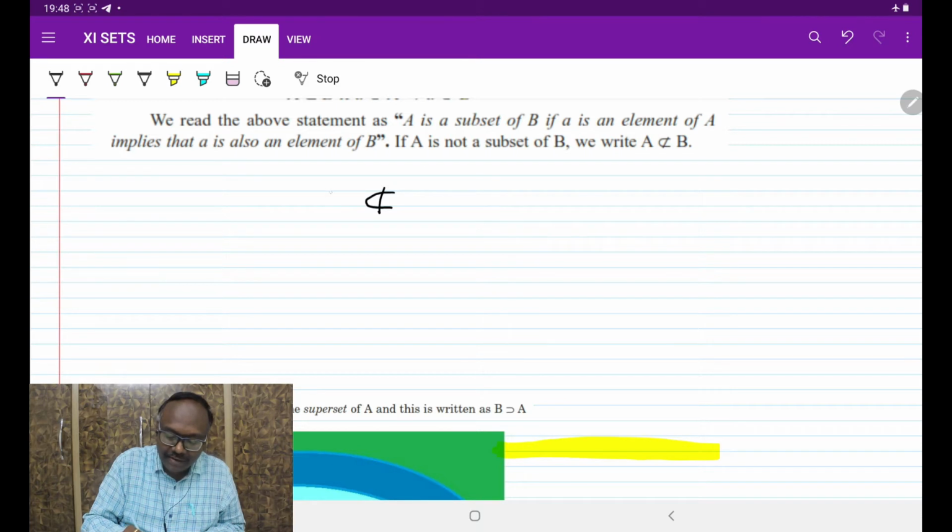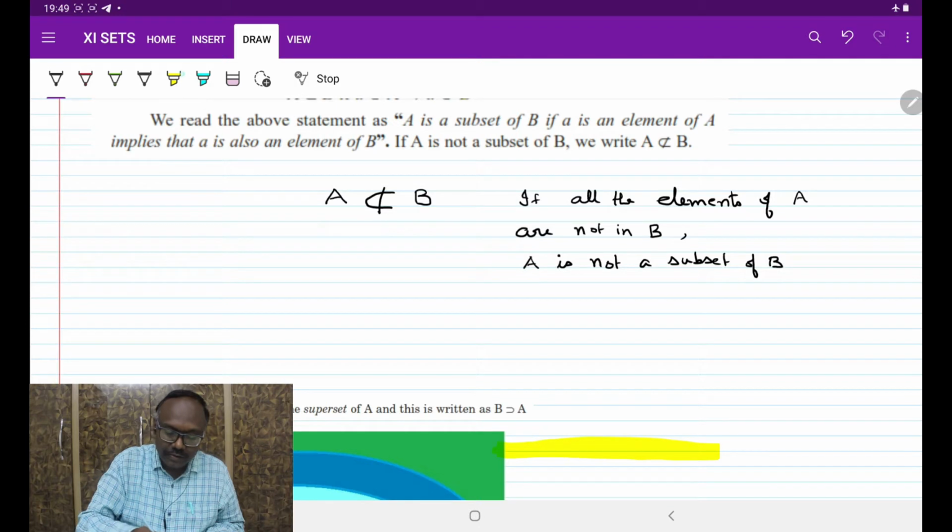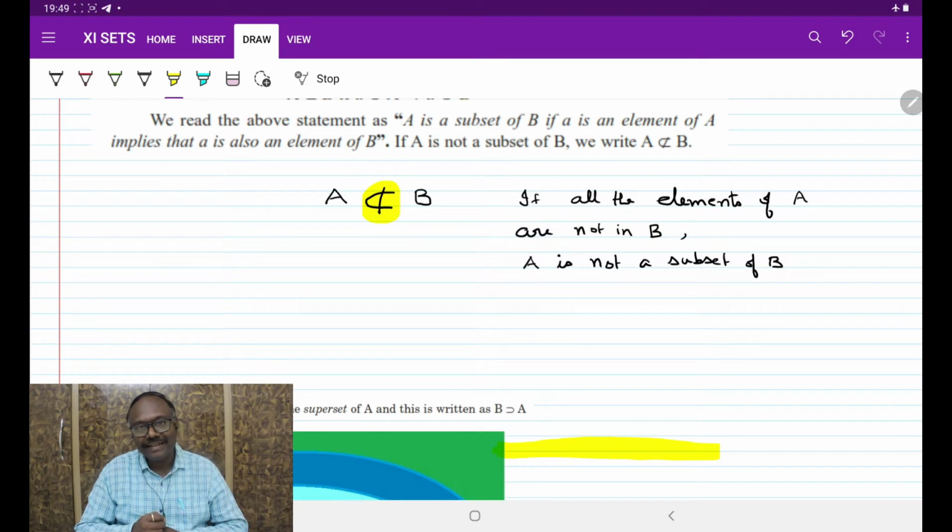So, if all the elements of A are not in set B, then we say that A is not a subset of B. So, this is the symbol we are going to use for not a subset.